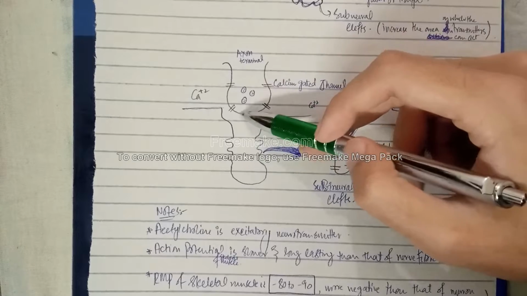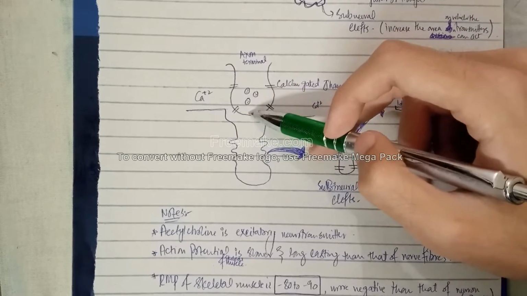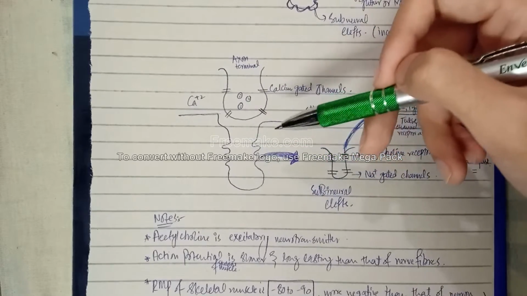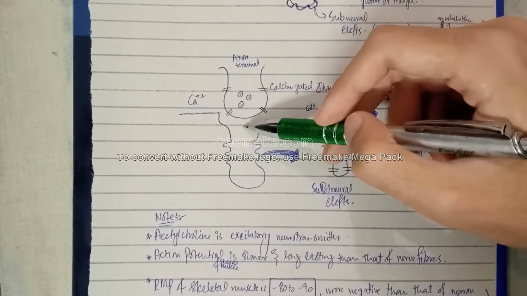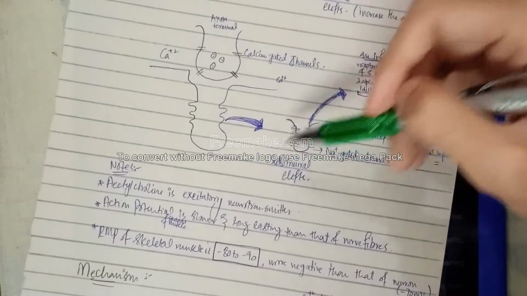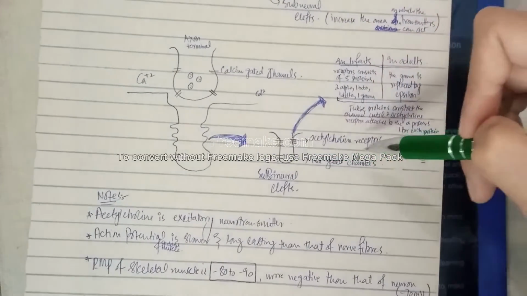Now they float towards the boundary of the axon where they release their content, which in this case is acetylcholine. Once the acetylcholine is released, it flows to the subneural cleft where it attaches to the acetylcholine receptors.